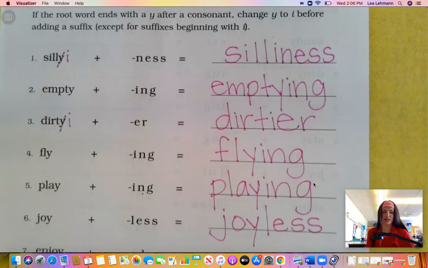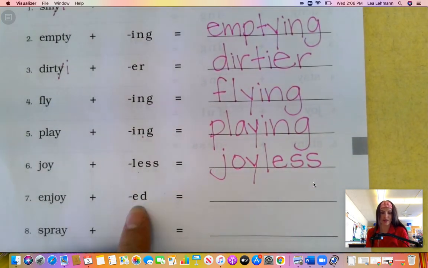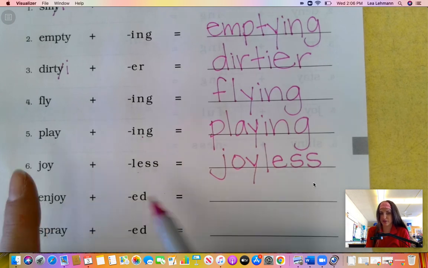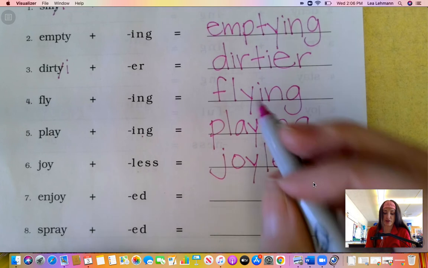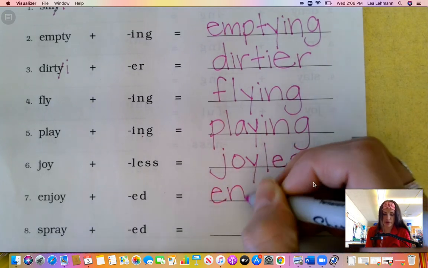Okay, the next one, number 7. Enjoy, and then ed, enjoyed. Do I have a consonant Y? No. And I have ed, so I just do enjoy and then ed, enjoyed.